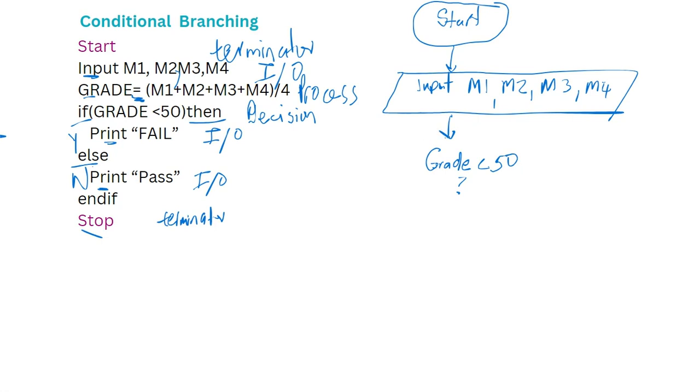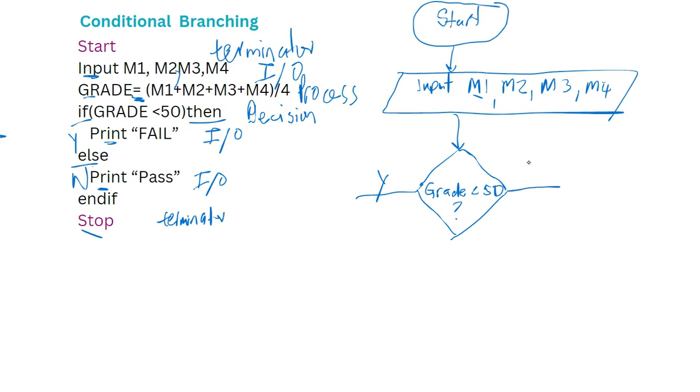So let me draw my diamond first, so I know where everything should go. We're asking, is grade less than 50? That's a question. So the answer is either going to be a yes or a no. If it's yes, what are we going to do?